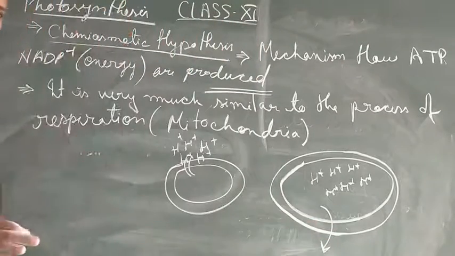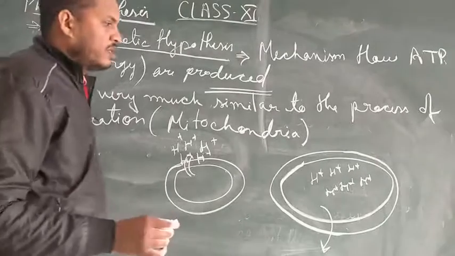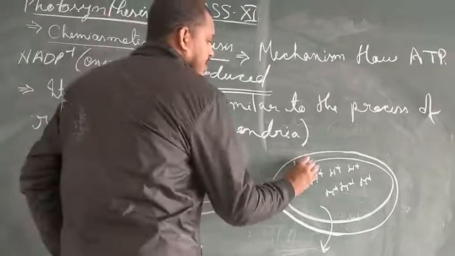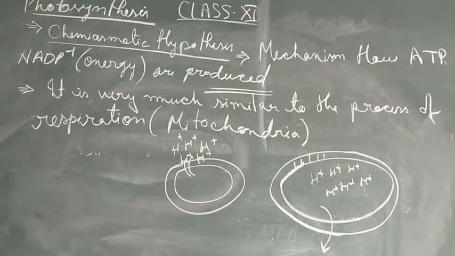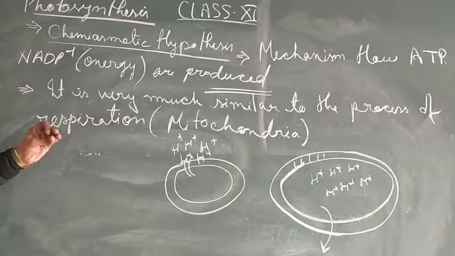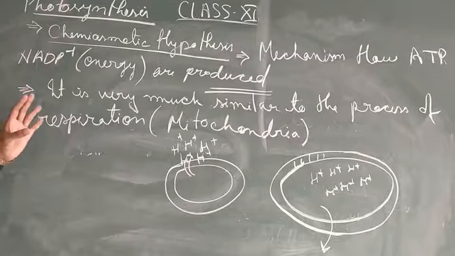Here we have to discuss the enzymes present in the membrane for the production of NADP and also ATP. We will discuss this in detail, but I just want to give you the introduction.